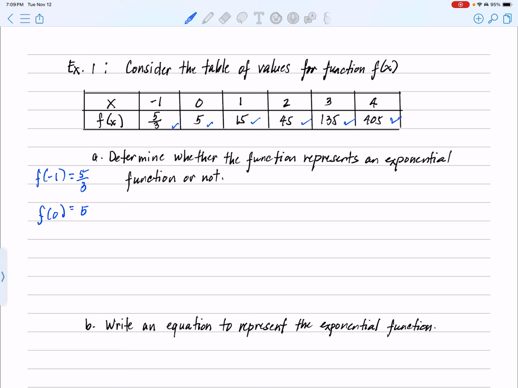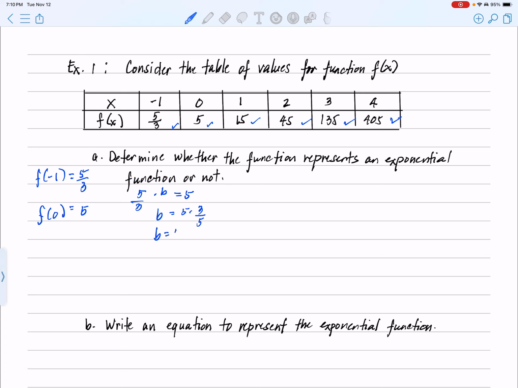So that means we can have 5/3 times b equals 5, where b would be 5 times 3/5. Do the reciprocal. When you transpose, b is equal to 3.